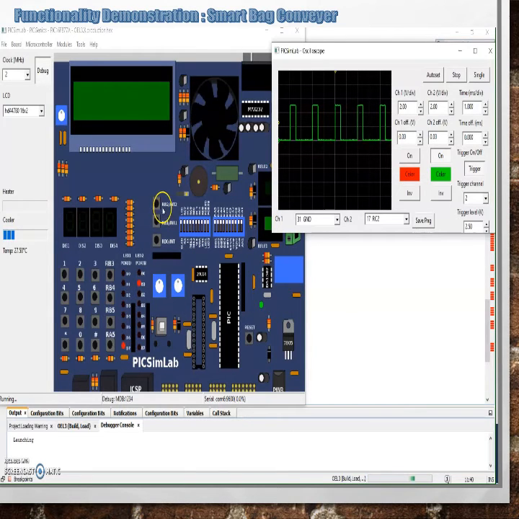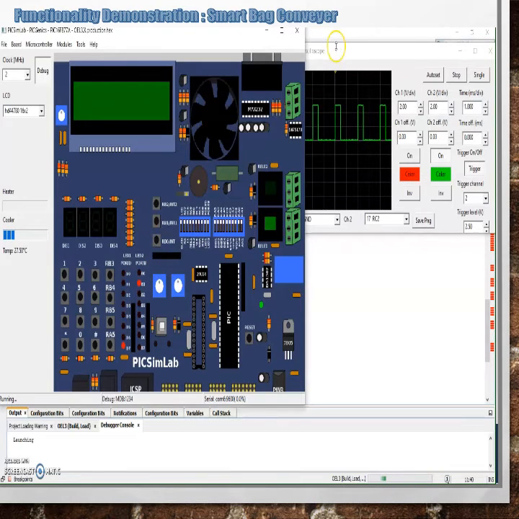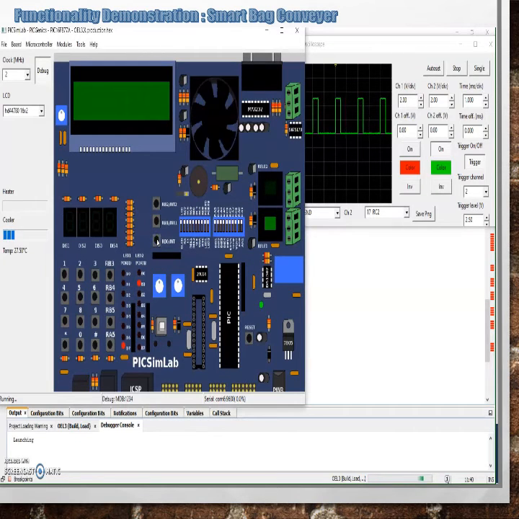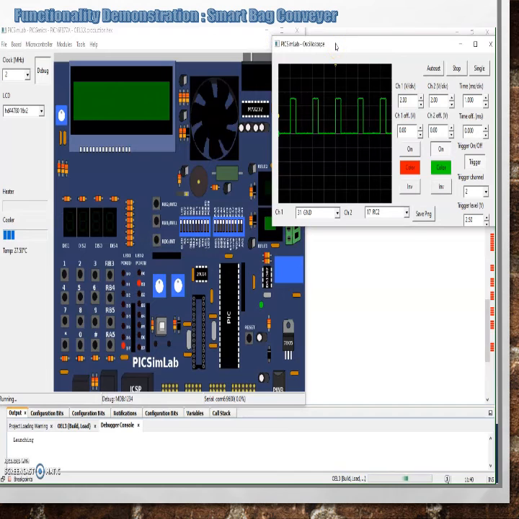In the normal condition, our project is running, and the indicator lamp is at pin D7, RD7. Okay, when the bag is detected, now the bag is detected at the motion sensor.